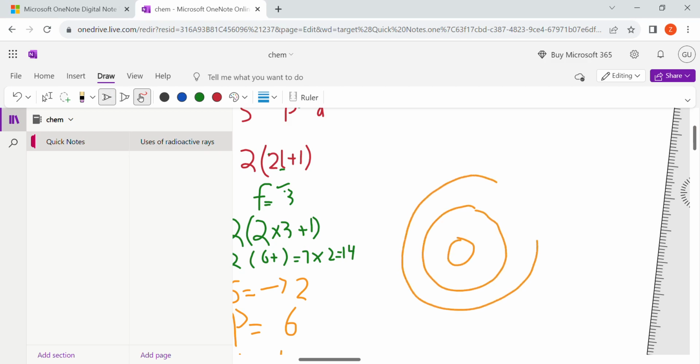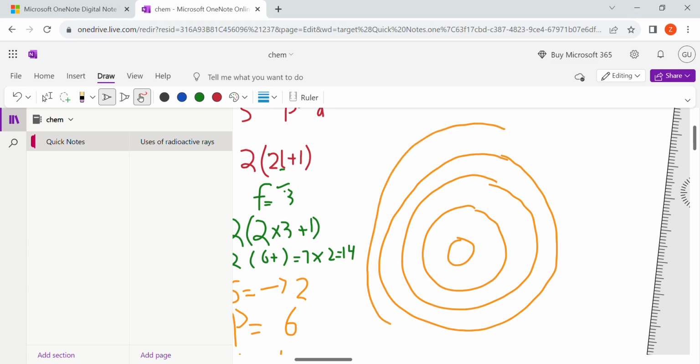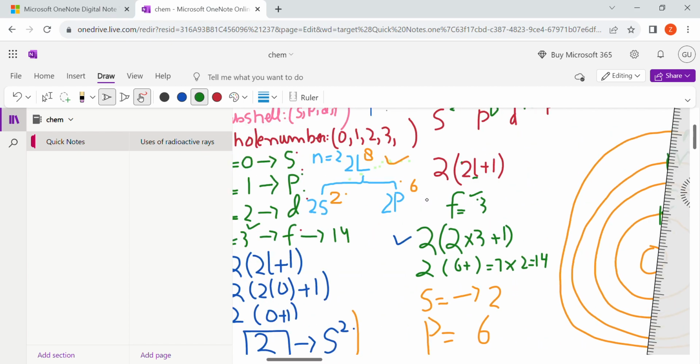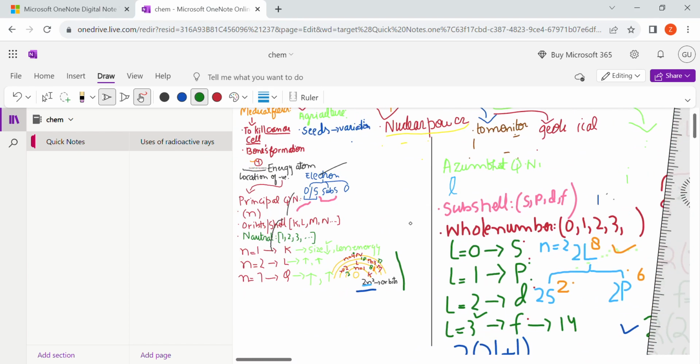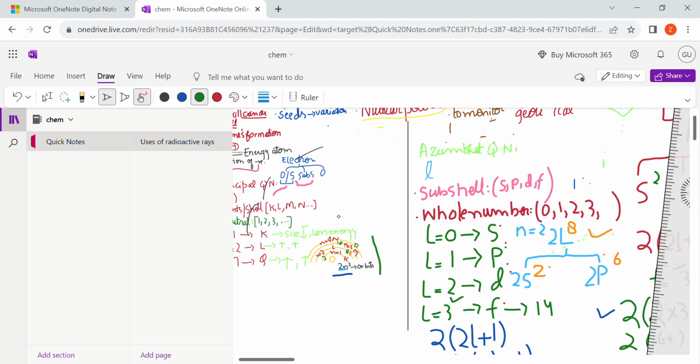K L N and we have discussed till N. अच्छा और भी होते हैं but I'm not discussing over that, doesn't mean कि और नहीं है but you need to keep that K L M N.